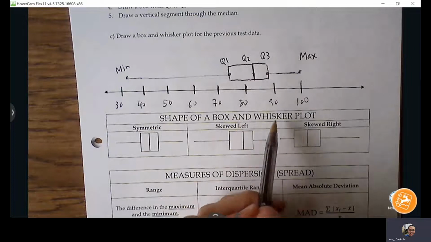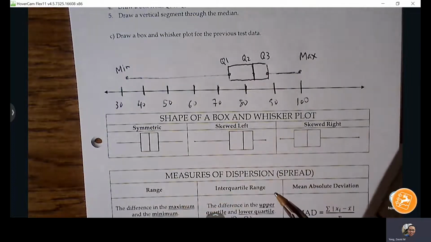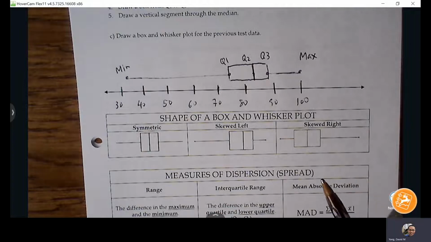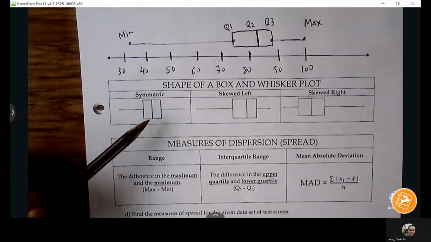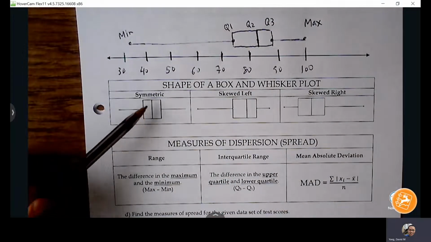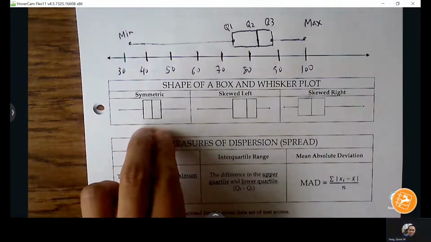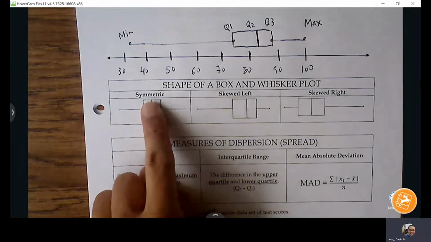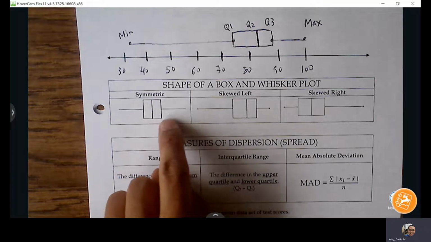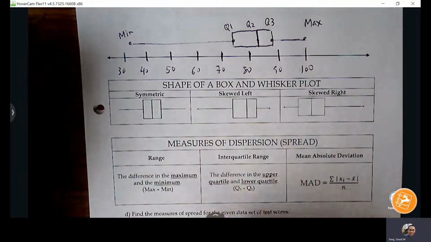Now the shape of box and whisker plots. Go over those as well. If there's symmetry, meaning that your mean and your median are exactly the same, then we call that a symmetric box and whisker plot.